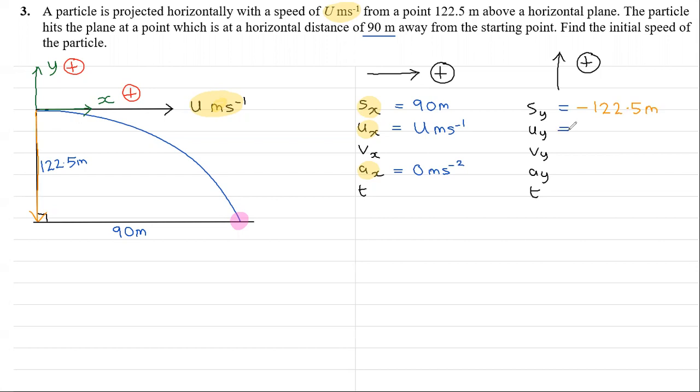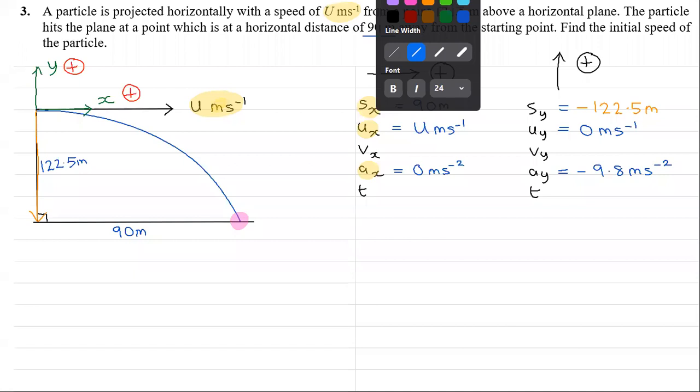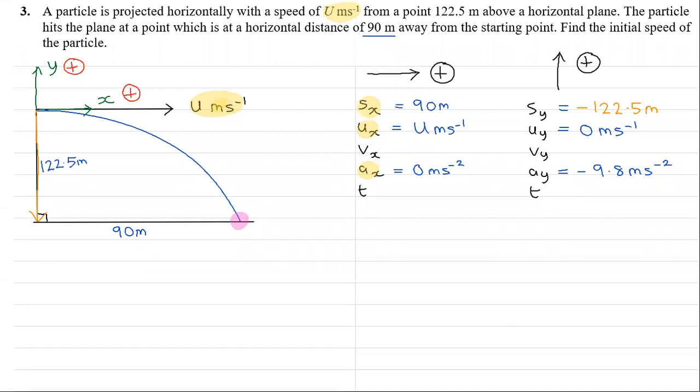For the vertical velocity, it's going to be 0 again. It's as if it's fallen from rest. And the other thing we know is the acceleration is negative 9.8 meters per second squared, again because we're taking upwards as positive. So it's a deceleration. Now, what's tying these two components together is the time.